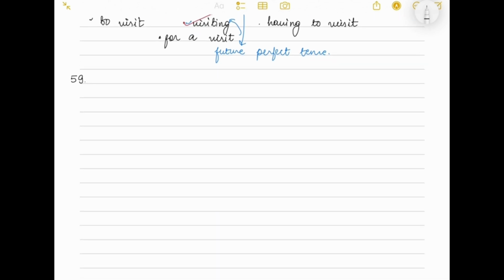Question number 9. Now, question number 9 is not an English question. It is: if log p is equal to 1 by 2 of log q, and this is equal to 1 by 3 of log r, then which of the following options is true?